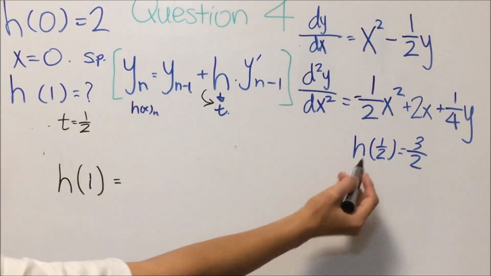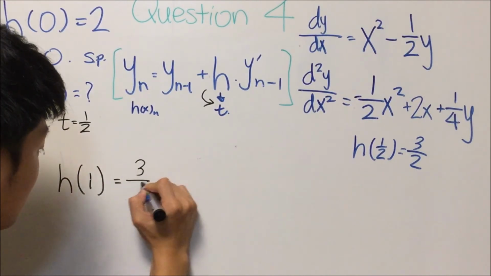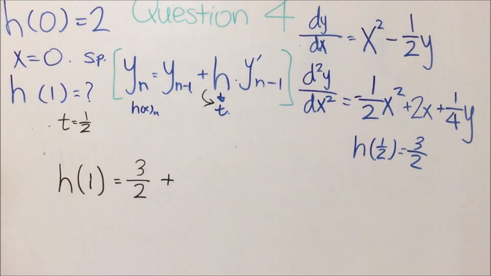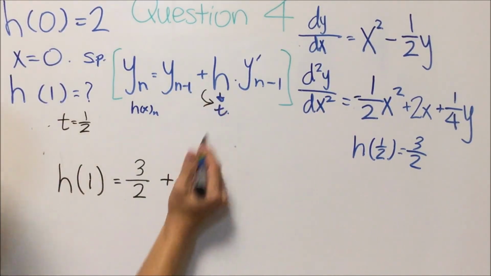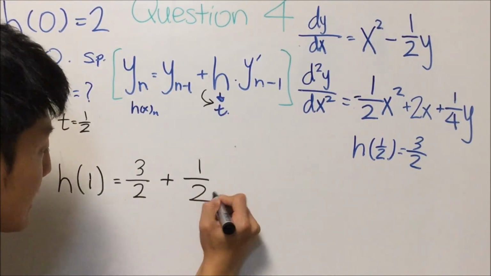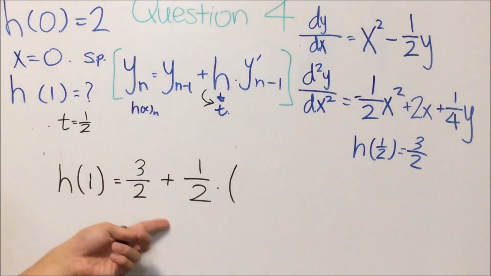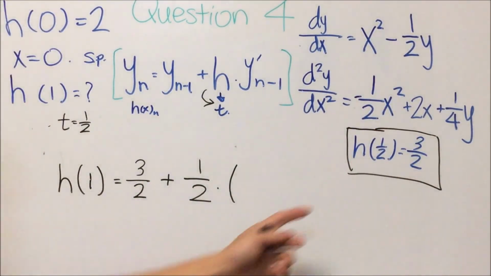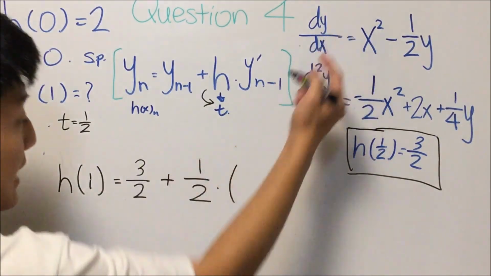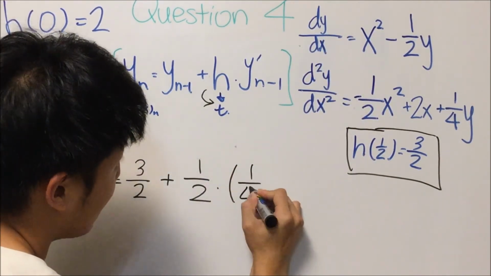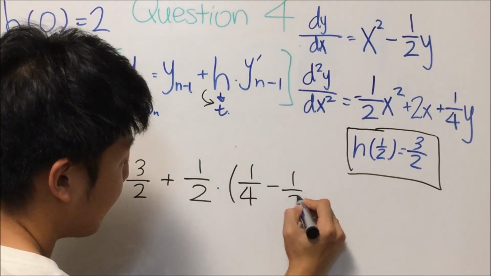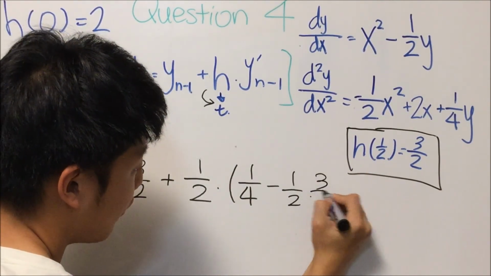So which is this, right? 3 over 2 plus, I almost got confused, step size, h goes to t, so 1/2 times. Now we're plugging this into here. So box it. The x value, 1/2, 1/2 times 1/2 is 1/4, right? Minus 1/2 times 3/2.